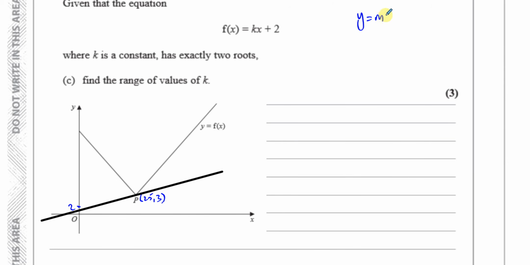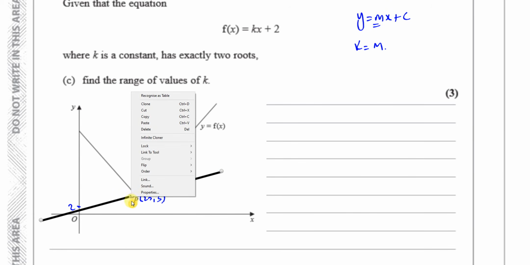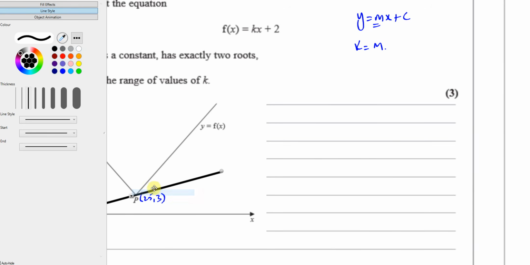So the thing that's fixed is 2, and k is the gradient. So the gradient can vary, but we want to know how it can vary so that there are exactly 2 roots. Exactly 2 roots means it's going to cut the function f in exactly 2 places. Okay, so let me just make this a bit thinner.